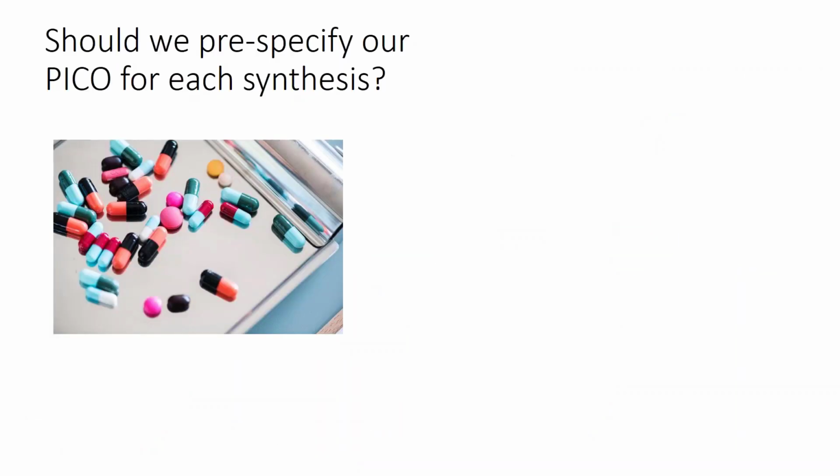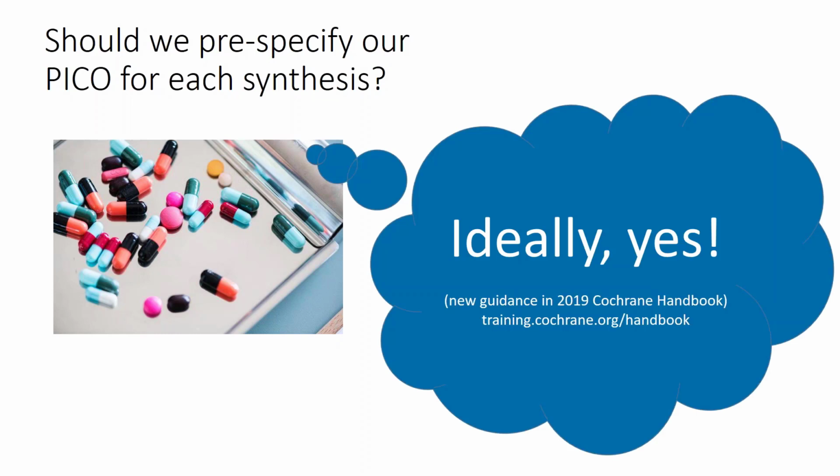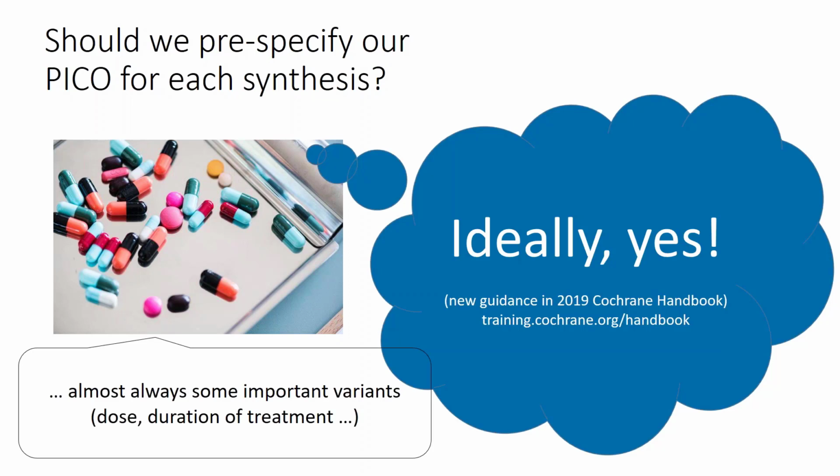So should we be pre-specifying our PICO for each synthesis? This was certainly something that has caused quite a lot of controversy between our authors on the handbook chapter because there is a feeling that this is actually quite a difficult ask. But ideally, we think the answer is yes, and that's why we've gone to the extent that we have in writing the guidance in the handbook chapter. The importance of specification of the PICO will vary by reviews.